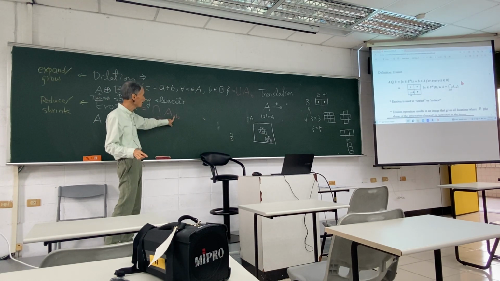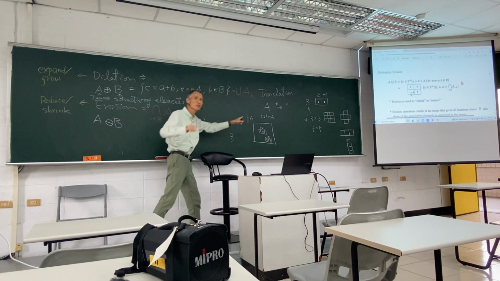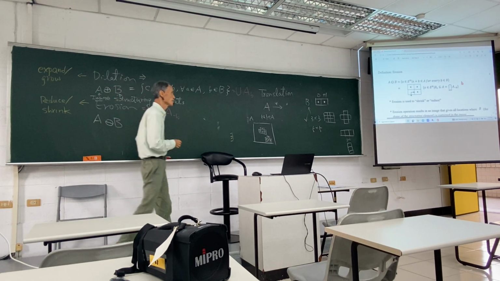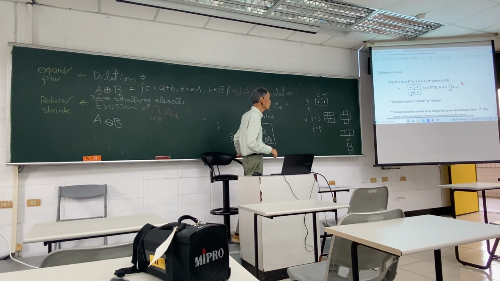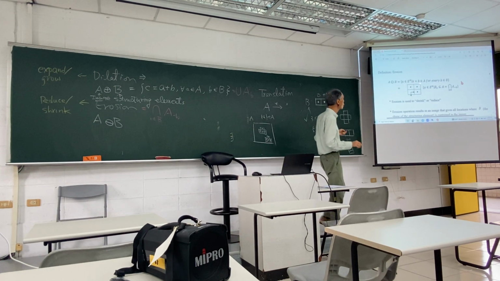We need to take minus B. But for dilation, we simply shift by B. But for this one, we shift by minus B, okay? Then we take the intersection, okay? That's by definition.